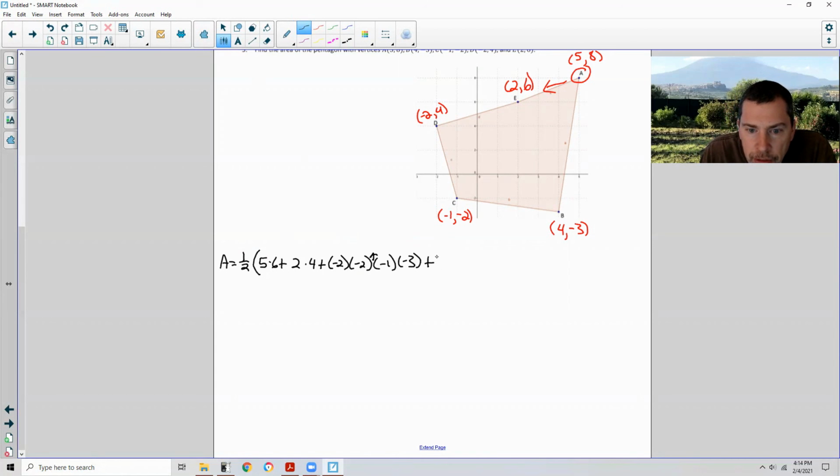So I did -1 times -3. The next x is 4 times the next y, which is 8. And then finally, plus the last x. So I did 5, then 2, and I didn't put parentheses around these, but anyway.